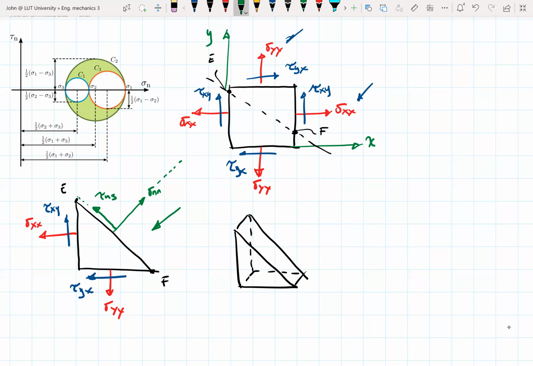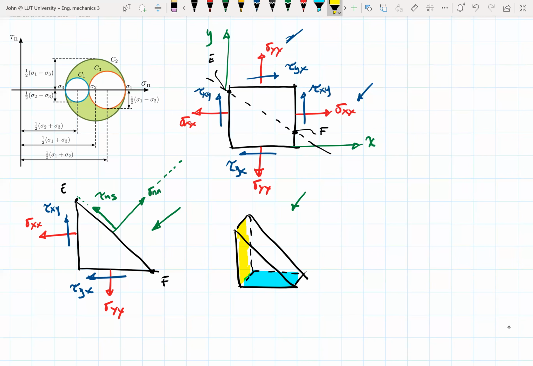So first, we have this wedge here. And I know that, for example, sigma y and tau yx are applied in this area here. I know that sigma x and tau xy are applied in this area here.